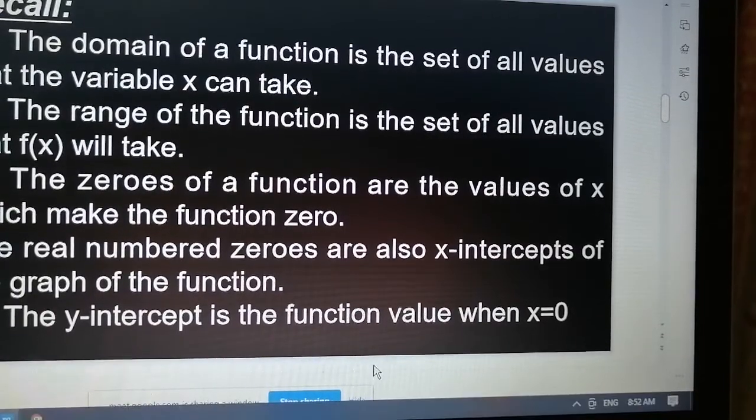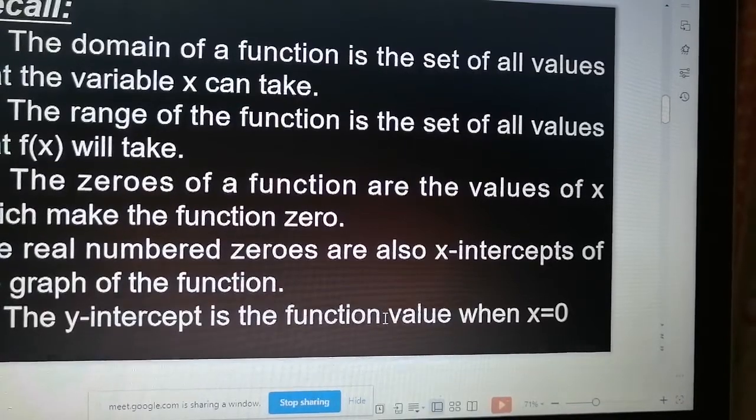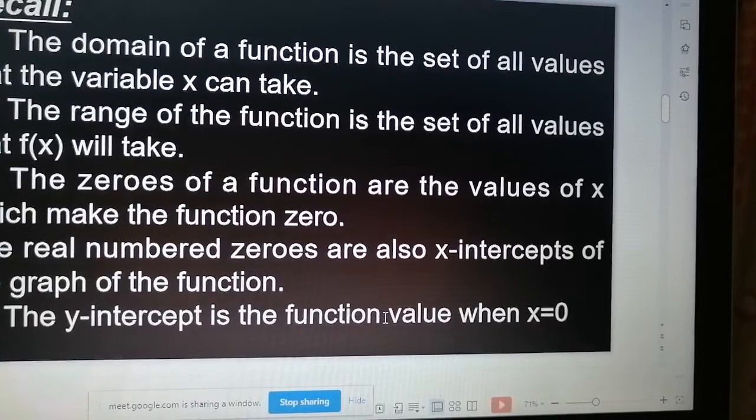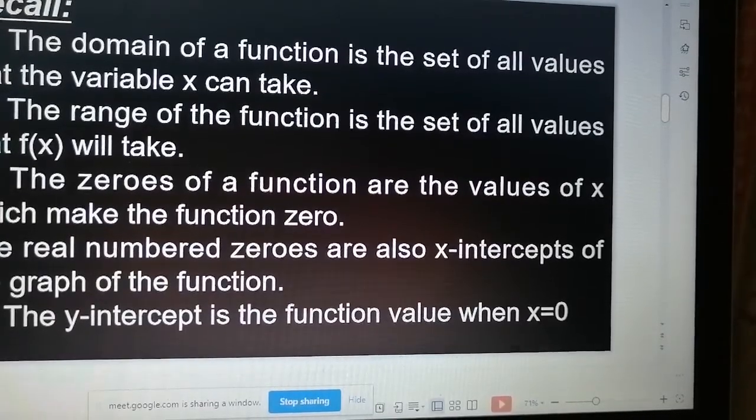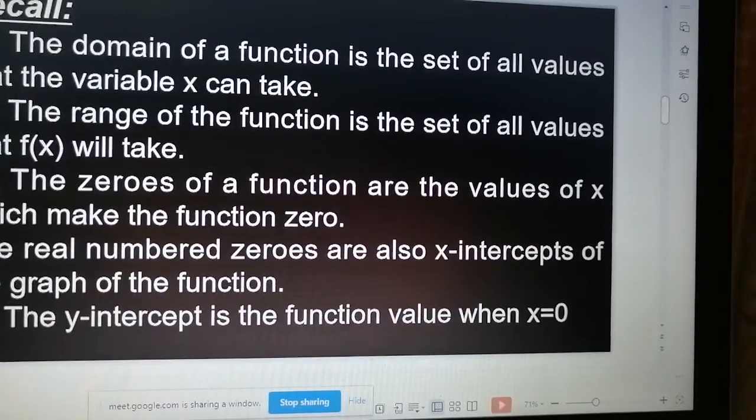The real zeros are also the x-intercepts of the graph of the function. And the y-intercept is the function value when x is equal to 0.